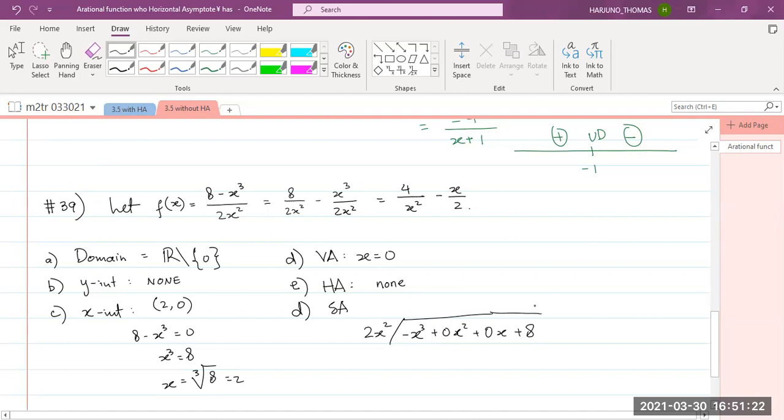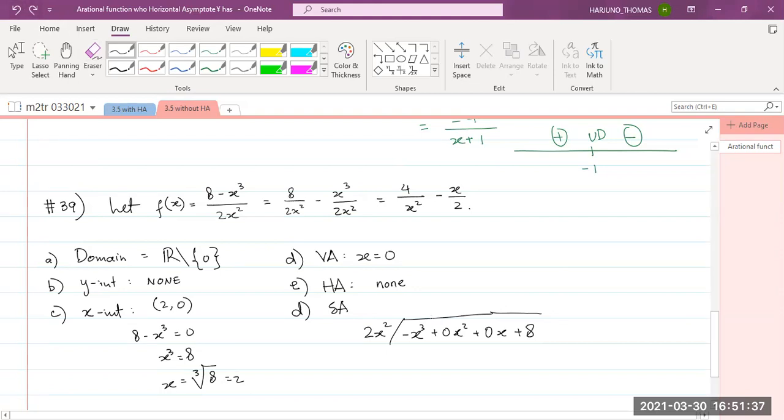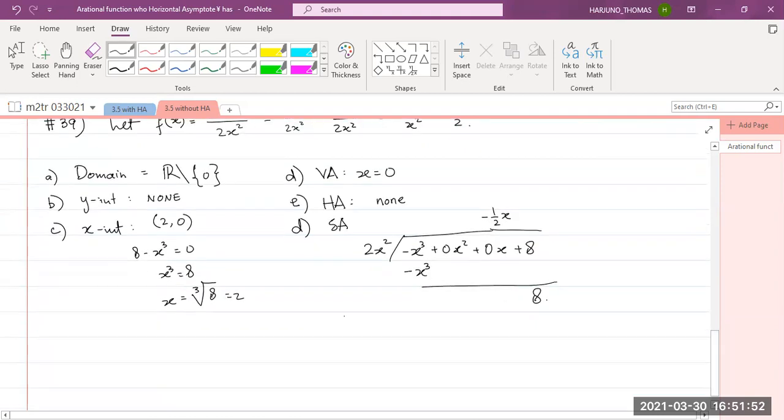But you will see, because I did it this way here, the slant asymptote will be just this term. Anyway, let me just do this. This will be negative 1/2 x to give me negative x cubed, and then I have remainder 8. So the slant asymptote is given by y equals negative 1/2 x.